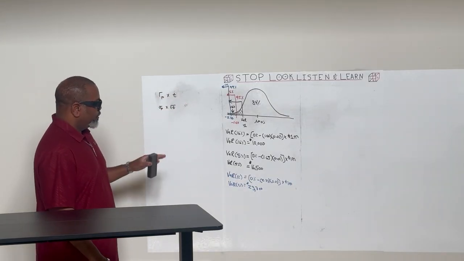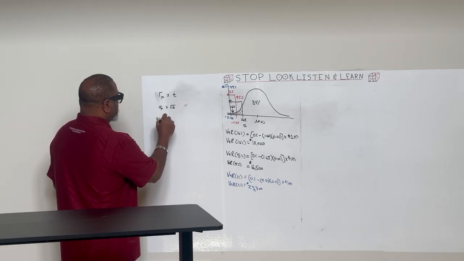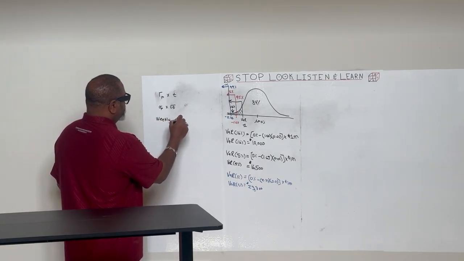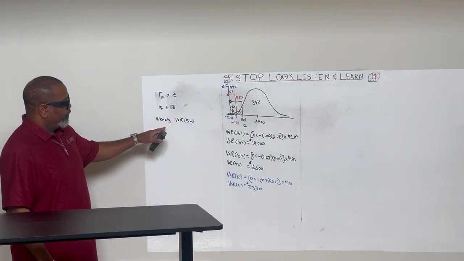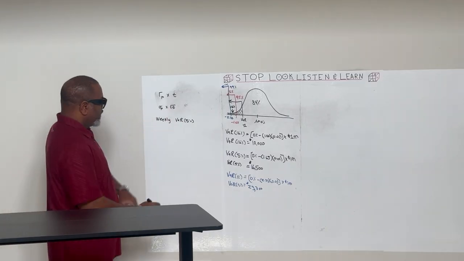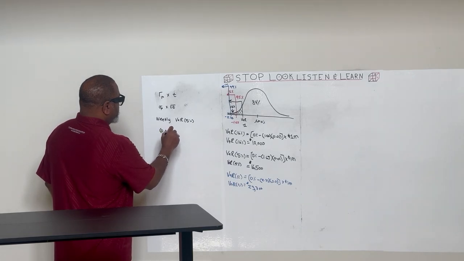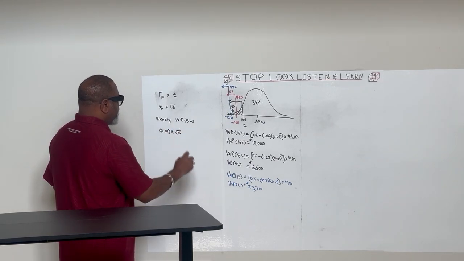But here, if we wanted to say, okay, well, what is the weekly 5% VaR? Then what we would do is we would take the standard deviation, which is 1%, and then we will multiply it by the square root of 5.